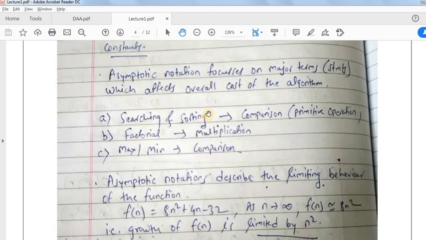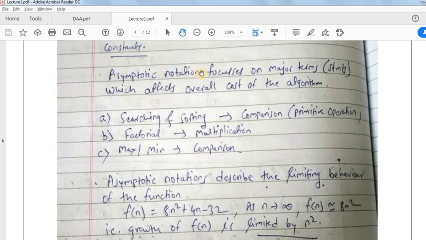We are interested in comparing an element with an existing element, so comparison will dominate all the other operations or assignments, if any, in that searching or sorting program. In case of factorial, multiplication will play the primitive role and all the others can be dominated by multiplication. In a similar vein, while finding out the maximum or minimum element in an array of integers, I will be mostly interested in comparing one number with the other. So comparison plays a vital role. This is the meaning of this.